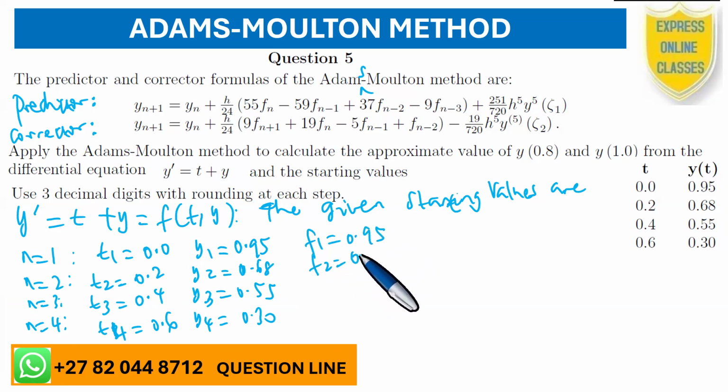So we're going to use that one, but also we're going to deal with F1, which is 0.95. F2 is, okay, we add them up. So F1 is going to be 0.95, but it is 0.95 because it is T1 plus Y1. And then there is F2, which is 0.88. T2 Y2.